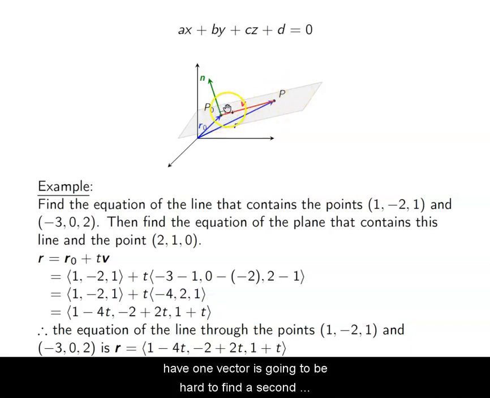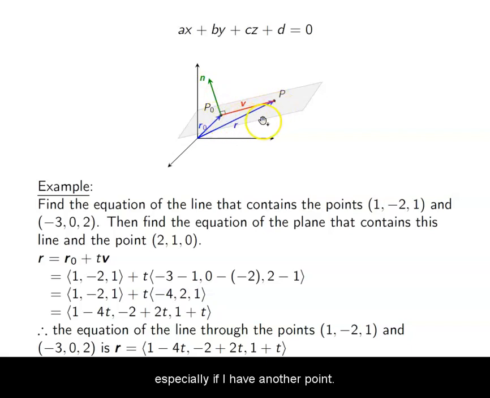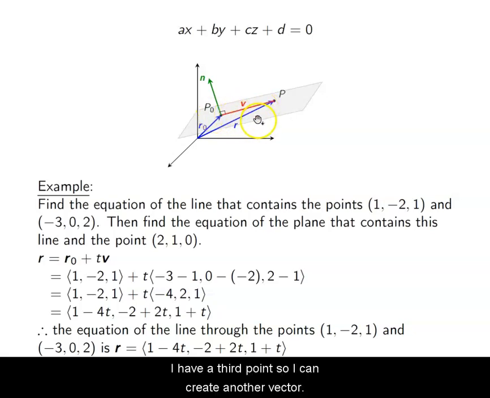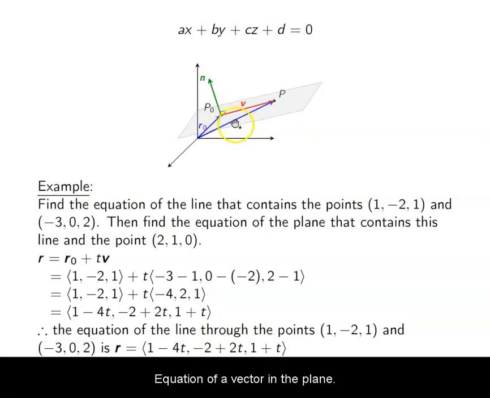If I only have one vector, it's going to be hard to find a second vector that's orthogonal to it. But if I have another point, I can create another vector, either from that point to this terminal point or from this point to this initial point, 1, -2, 1. Most likely I'll go from 1, -2, 1 to my other point to find the equation of a vector in the plane.